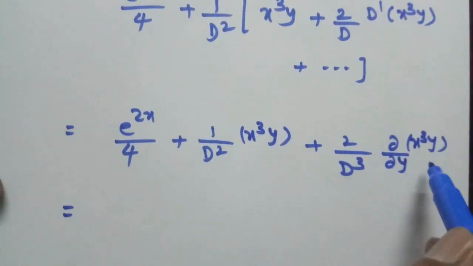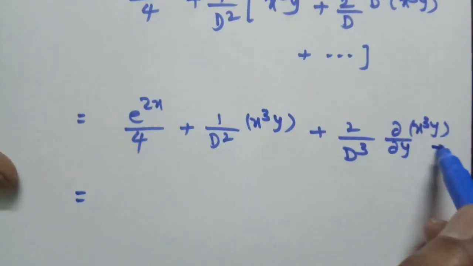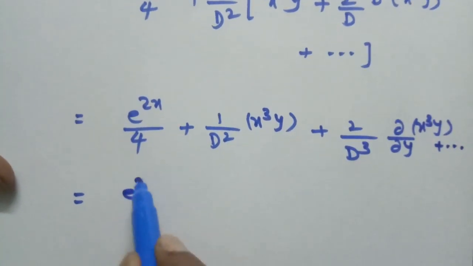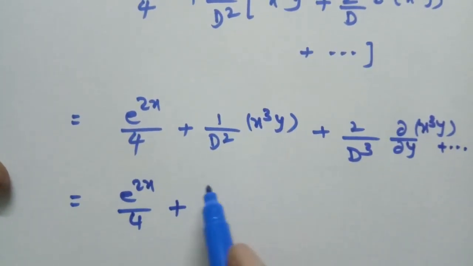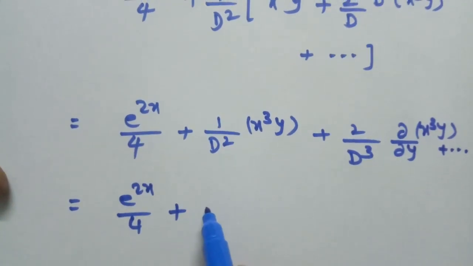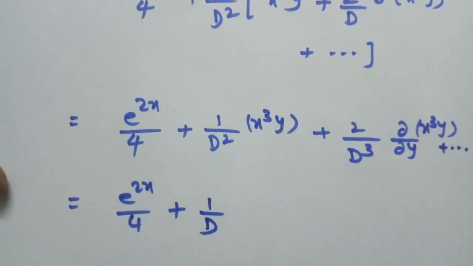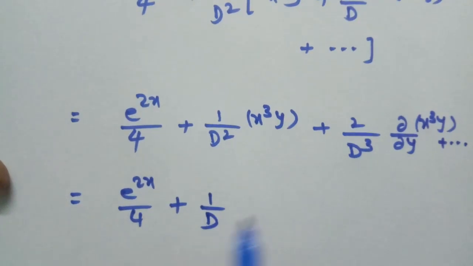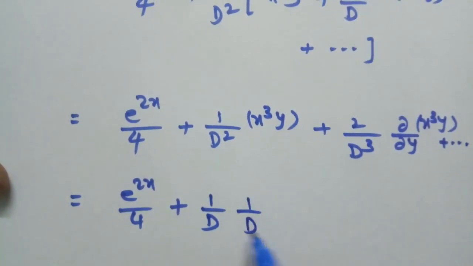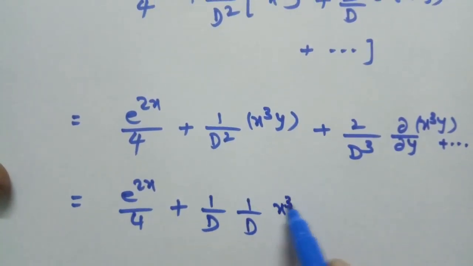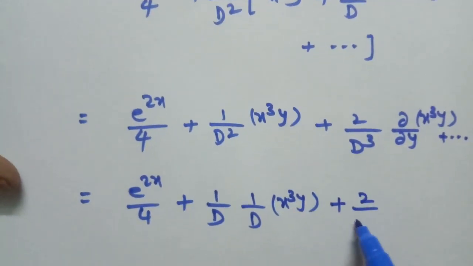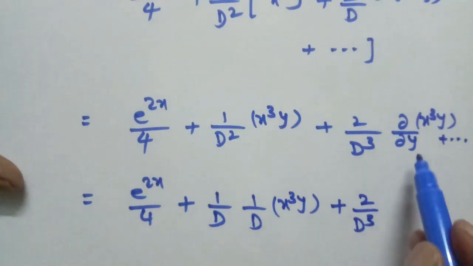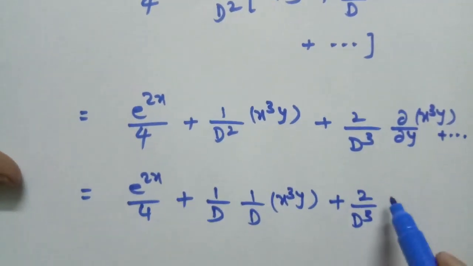Therefore this is equal to e power 2x by 4 plus 1 by D square, 1 by D of, we already explained what is the meaning of 1 by D, 1 by D of x cube into y plus 2 by D cube into dou by dou y of x cube into y.